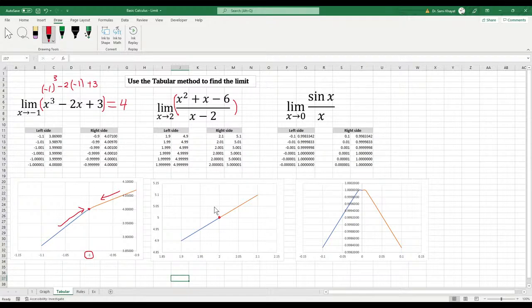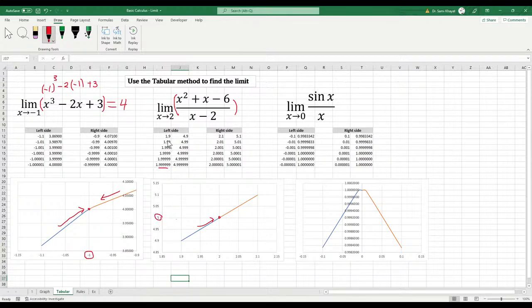But I can be very near to 2. Let's say 1.9, it will give me 4.9. If I go a bit nearer, 1.99, it will give me 4.99. 1.999 gives me 4.999. You can see that I am approaching 2 without going to 2, and I am going to find the limit.